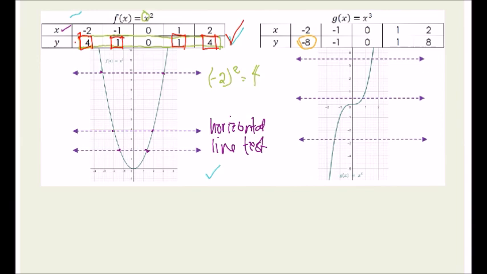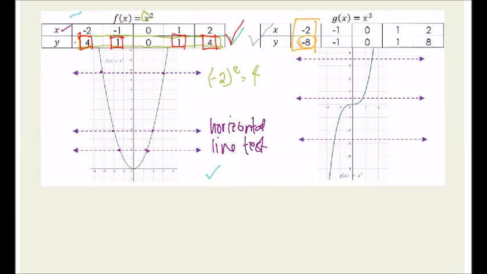So from here, we can already observe that each range value has only one value in our domain and vice versa. That's why, from our table of values alone, we can already tell that x cubed is a one-to-one function. And if we look at the graph of x cubed, you can see that it's a curve.